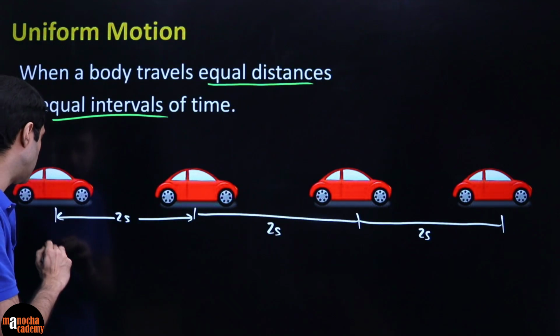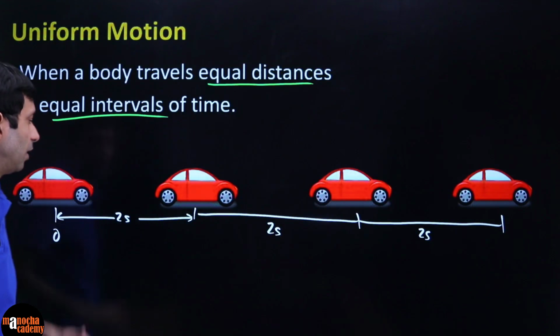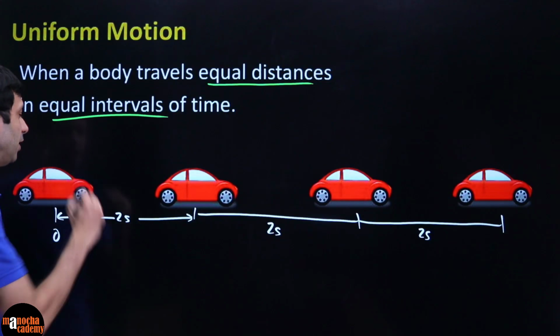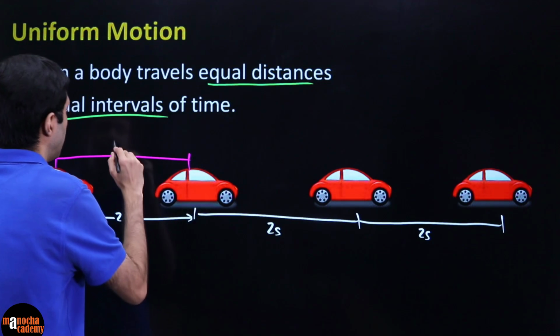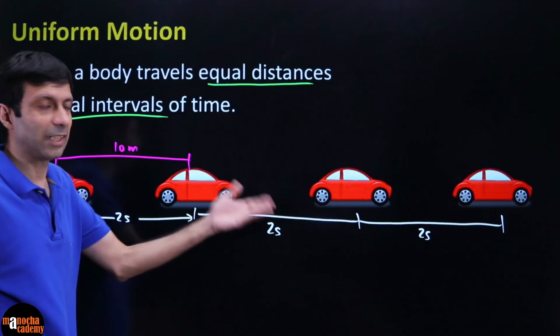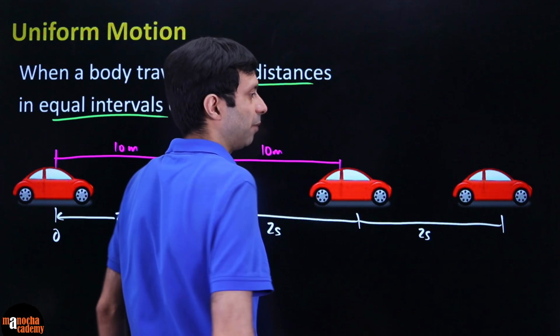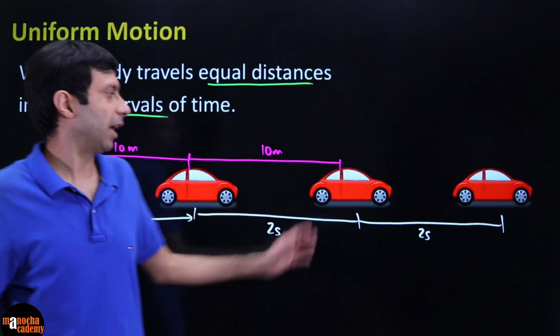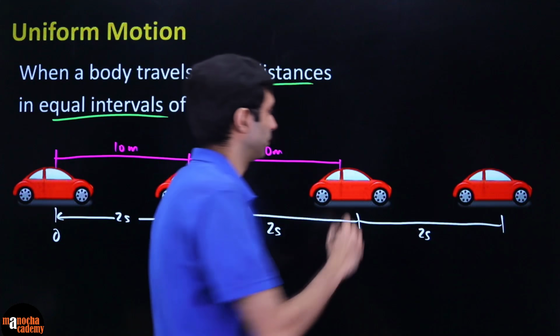So when it starts off at 0, we have observed it at 2, 4 and 6 seconds. Let's say from 0 to 2 seconds it travels a distance of 10 meters. Again from 2 to 4, over the next 2 seconds, it travels 10 meters again. Again from 4 to 6, the next 2 seconds, it travels 10 meters.